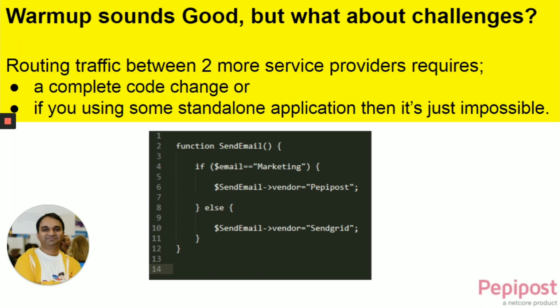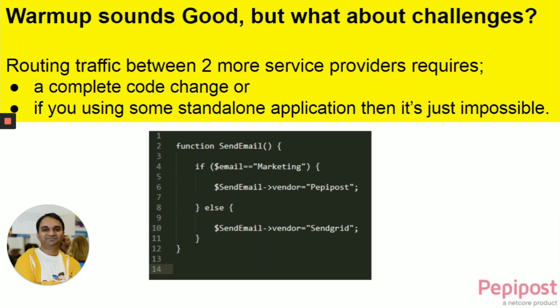But what about the challenges? Routing emails between multiple service providers. If you are already using two vendors and now you want to add one more, it will require some code changes at your end. Inside the application you are using, you need to make enhancements to make it compatible with supporting two, three, four vendors in one go.